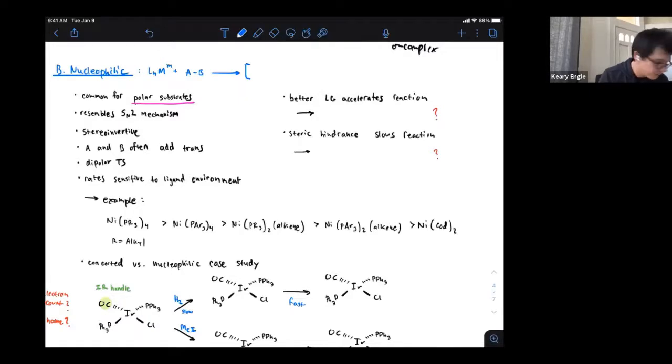Okay, now the nucleophilic pathway. Let me draw out the transition state to illustrate the point I made earlier about partial charge buildup.